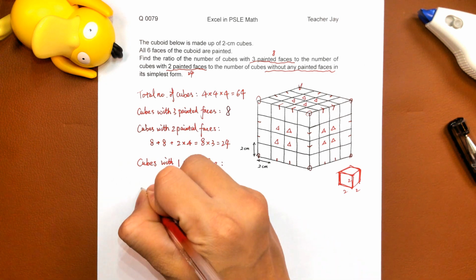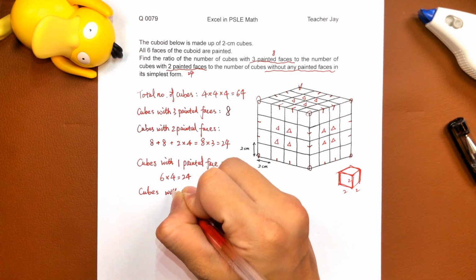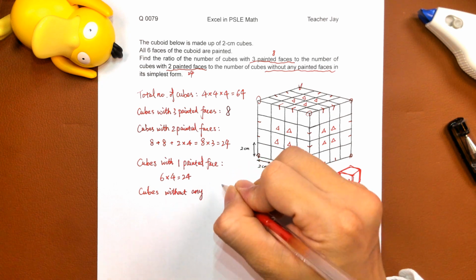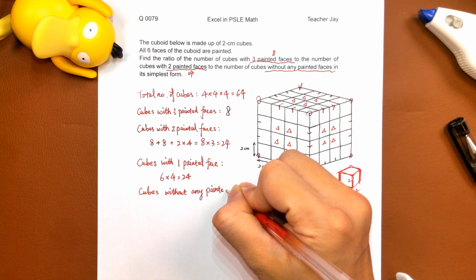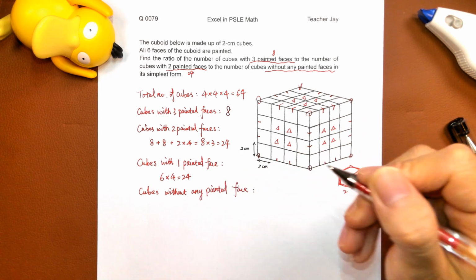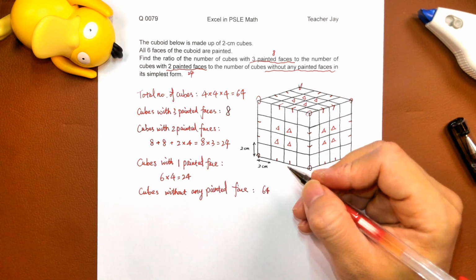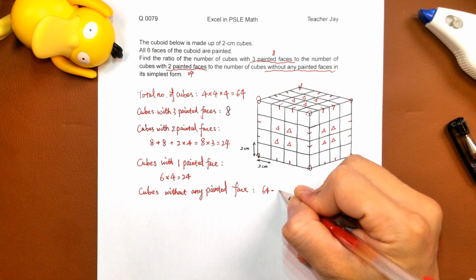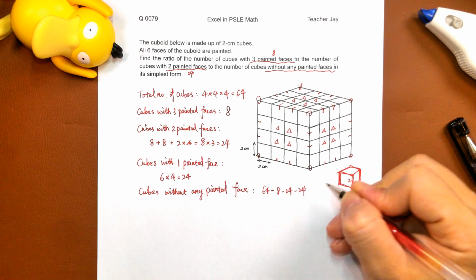Okay. And cubes without any painted faces. We can use 64 minus 8 minus 24 minus 24.